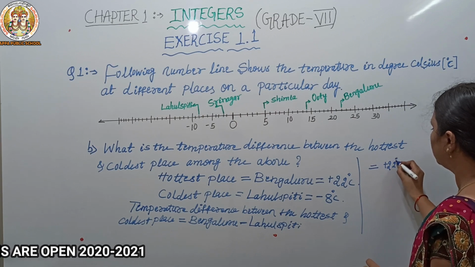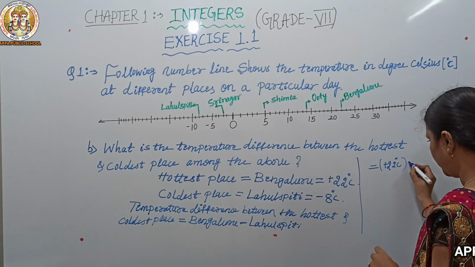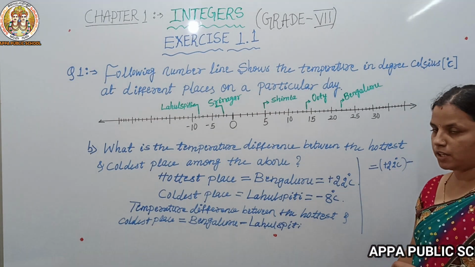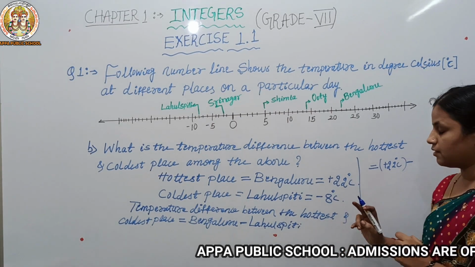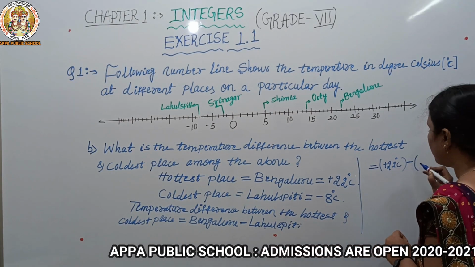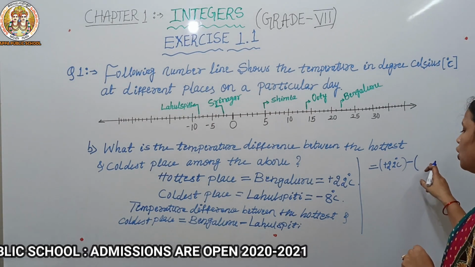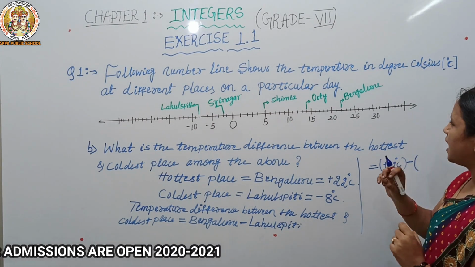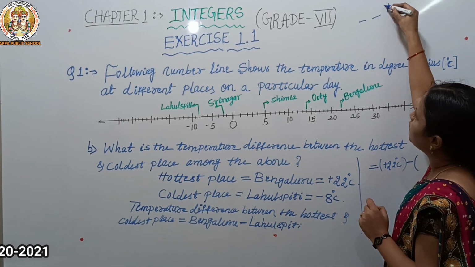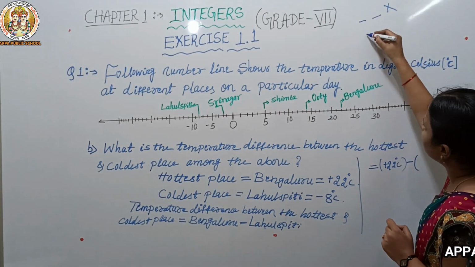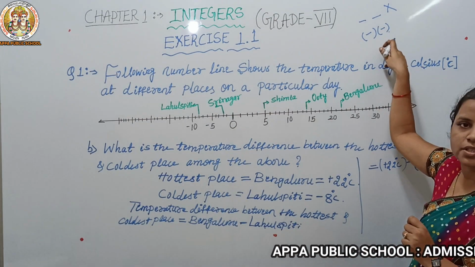What temperature do we have here? At Bangalore it is plus 22 degrees Celsius. And for Lahaul Spiti, write the minus as it is, very important here, minus 8 degrees Celsius. At that time, you must use the bracket. Why should we use the bracket here? Don't write the signs together, like minus minus, this is a wrong step. If you have two signs, you must use the bracket.